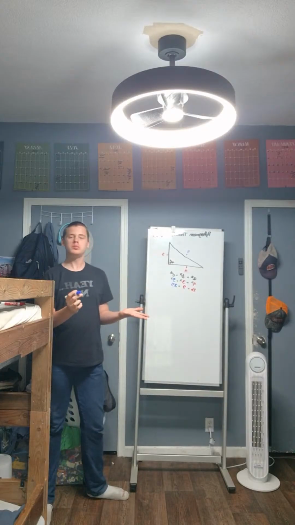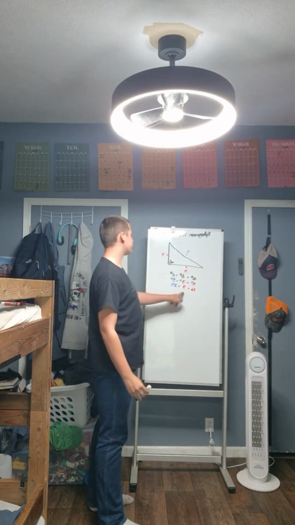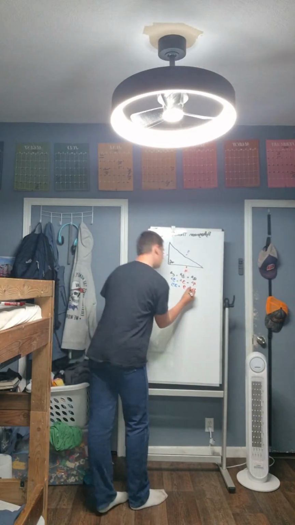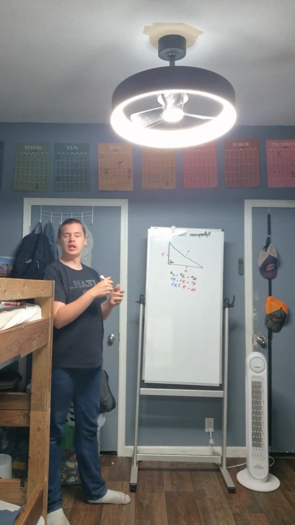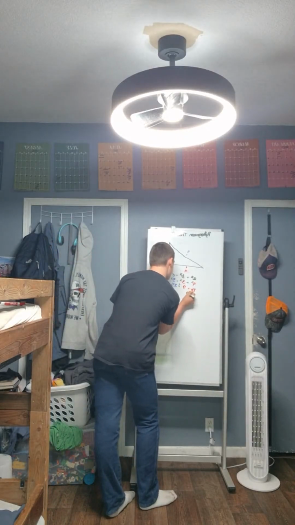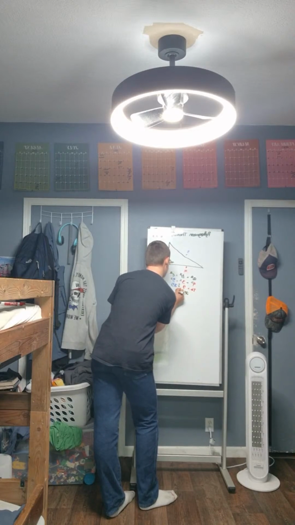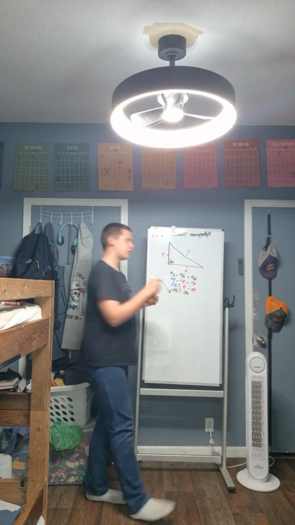Was it true? Let's figure this out. 16 plus 9 is 25. So, I put a little question mark to see if it is true. 16 plus 9 is 25. 25 equals 25. If it's correct, then check.